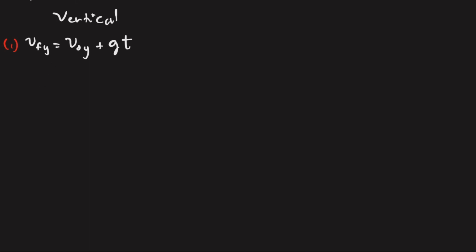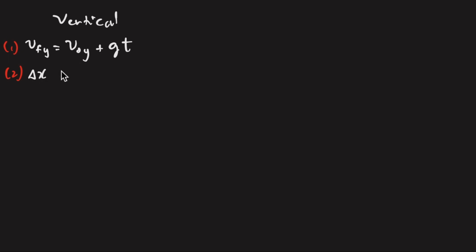Okay, so next is equation 2. Okay, so equation 2 is delta x. Okay, so for consistency, since it's on the vertical axis, let's just use delta y this time. So it's equal to v naught y times time, plus 1/2 g t square.